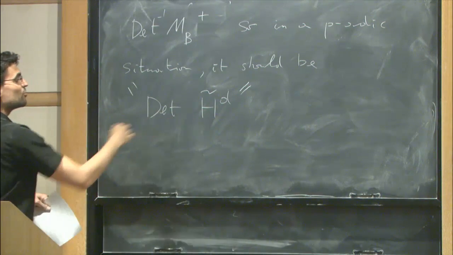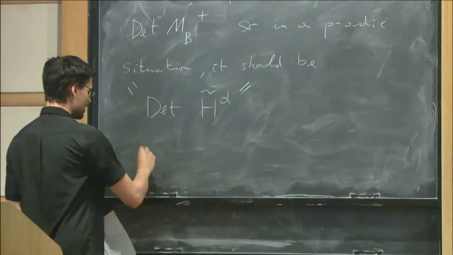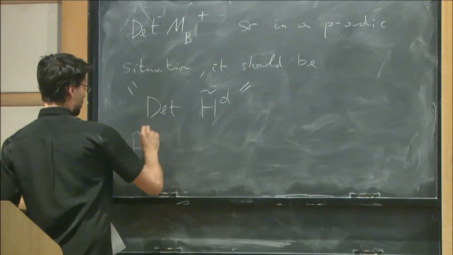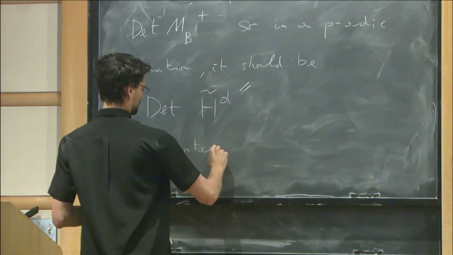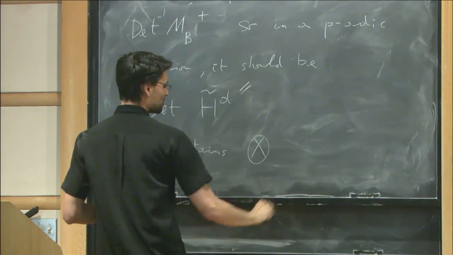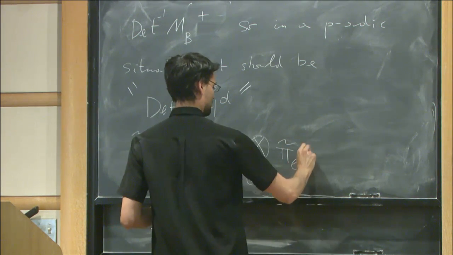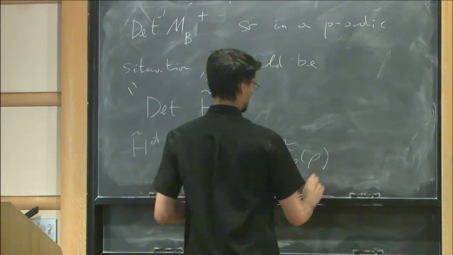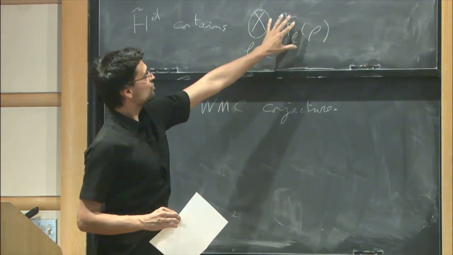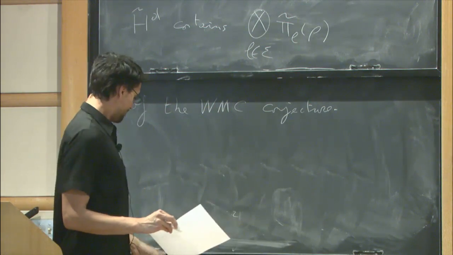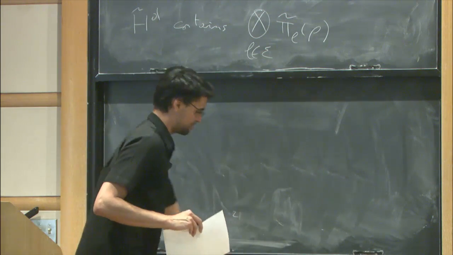But the completed cohomology is huge, so that's way too large to take the determinant. However, the completed cohomology contains some automorphic representations, and these objects are very large, but they have some sort of determinant, which is called the Bernstein derivative.